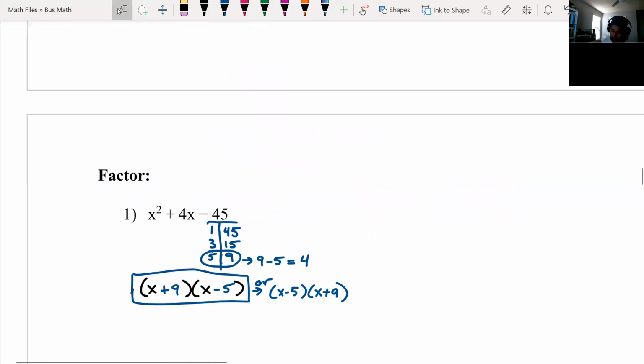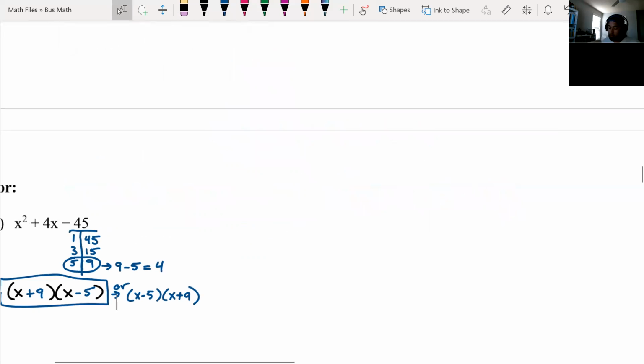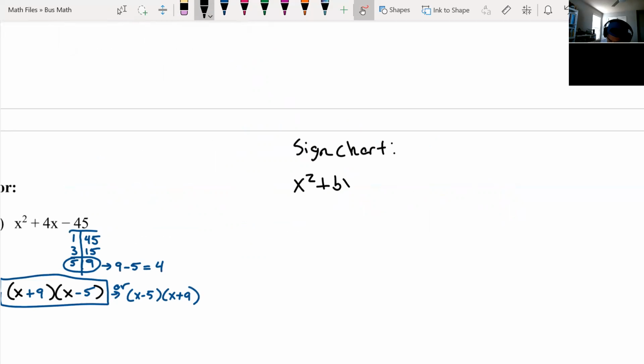Now, before we move on, I'm just going to make a little sign chart here that'll help us determine what signs to pick for our trinomials. I'll call this our sign chart. If you're ever given x squared plus bx plus c, then you're going to have plus plus.